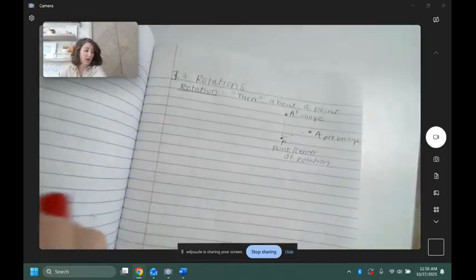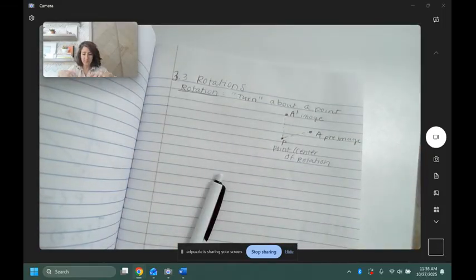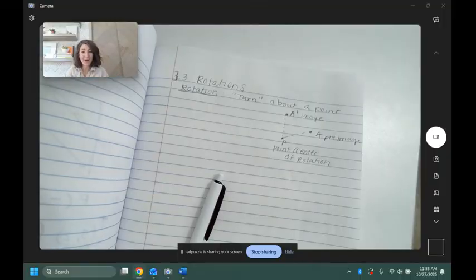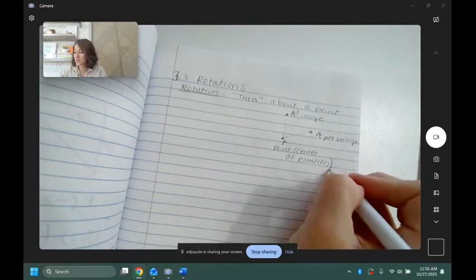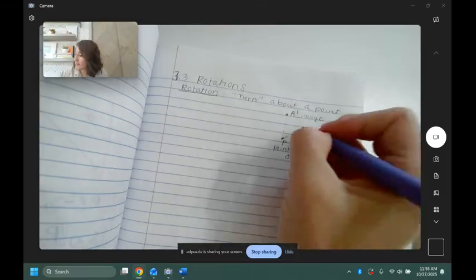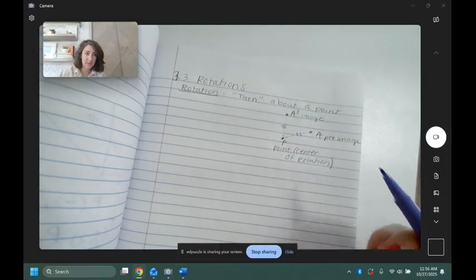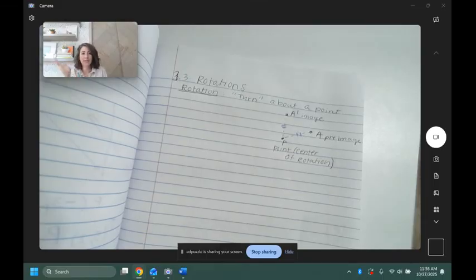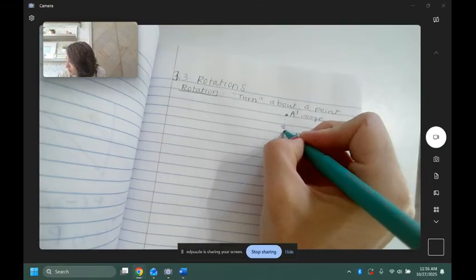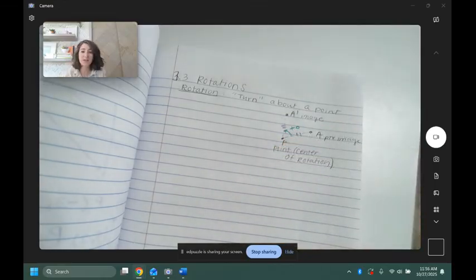This point was turned about that center of rotation. So when that happened, these two lines are congruent. They're the same. It didn't change the length of that. But what it did was it just turned at a certain angle.